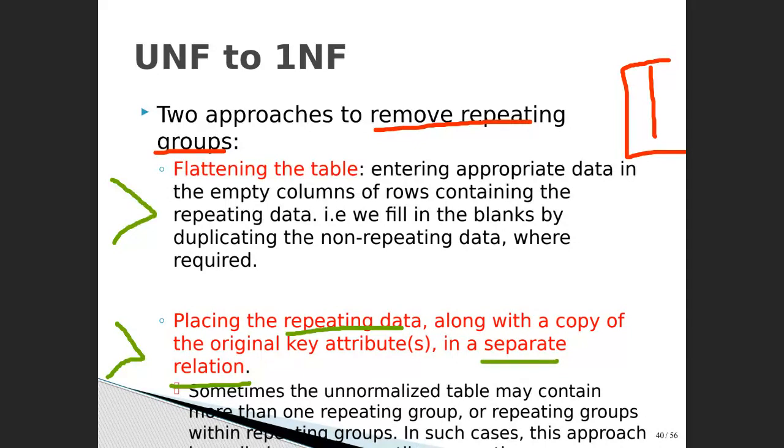Sometimes the table might include more than one repeating group, or repeating groups within repeating groups. So we can have them in separate relations. Place the repeating group along with its primary key in a separate relation.